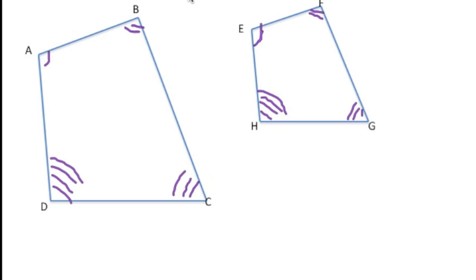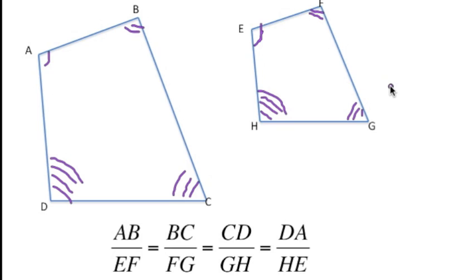So AB over EF has to be the same as BC over its corresponding side, FG. And then we would continue around the polygon so that all four ratios are the same, and that's creating the proportion that we want. So here's what it looks like.